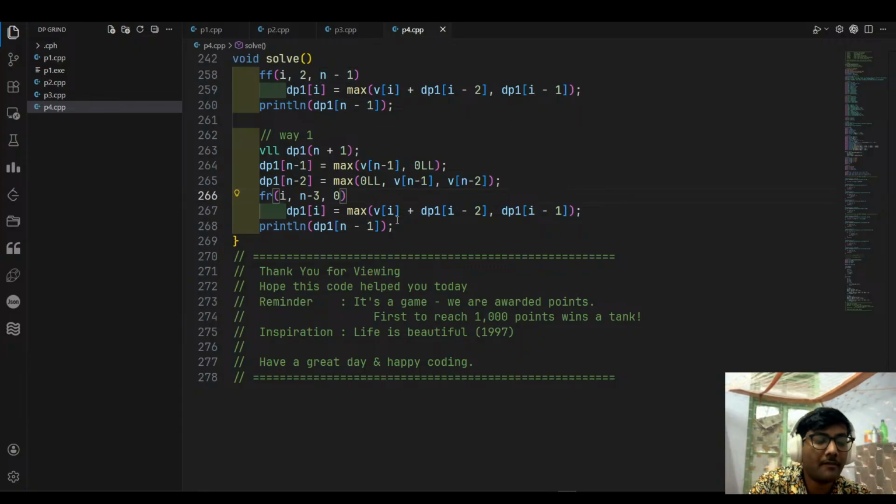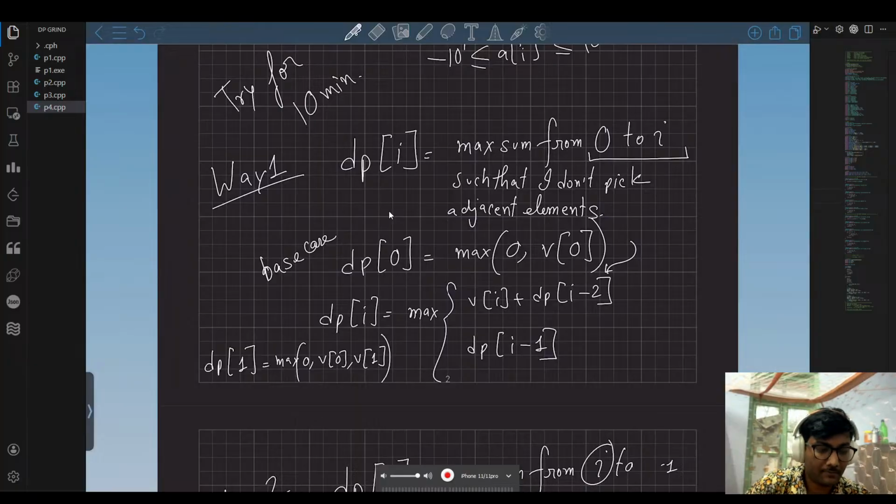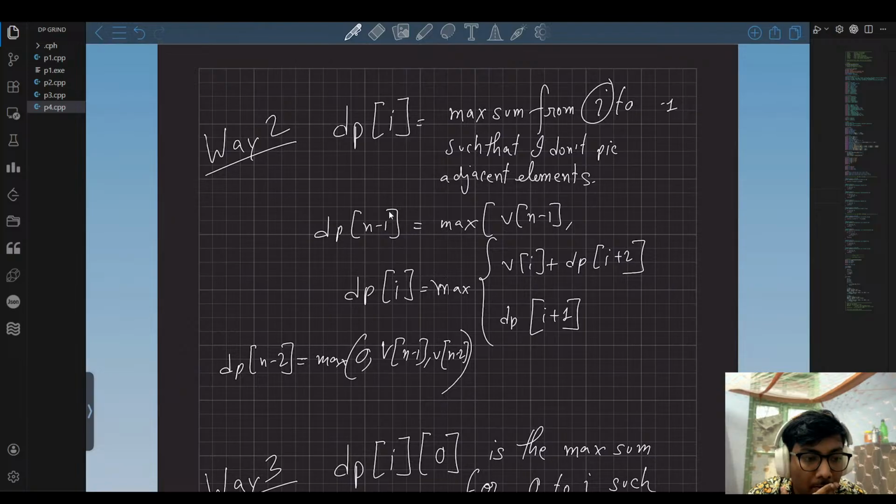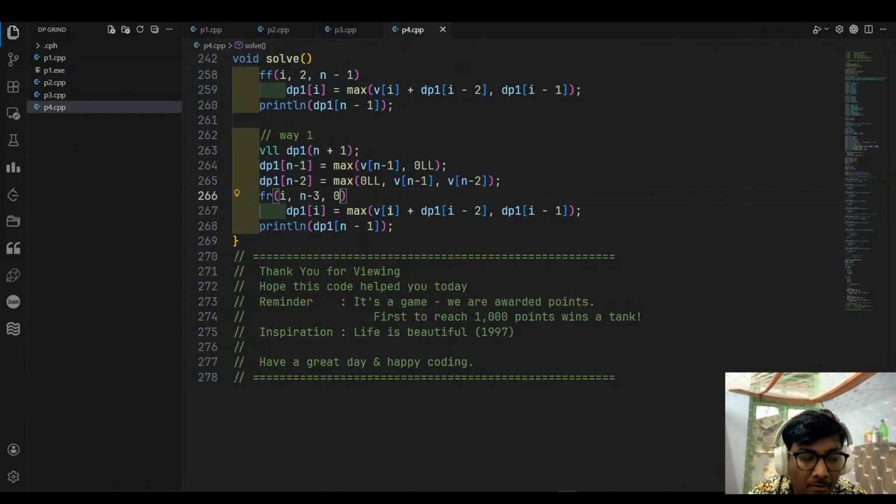And I will check that dp of i should be max of v of i plus dp of i plus 2, or dp of i plus 1. I think I should say dp2.